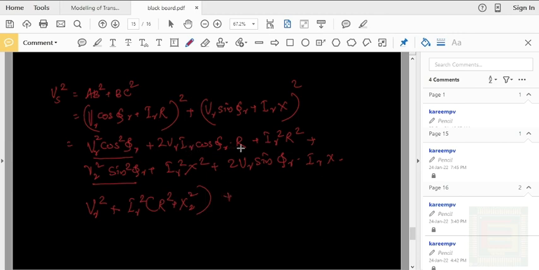So it will be like this: VR square plus IR square R square plus X square plus 2 VR IR into R cos phi R plus X sin phi R.